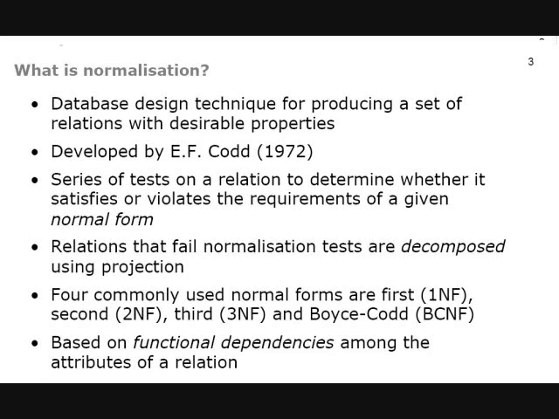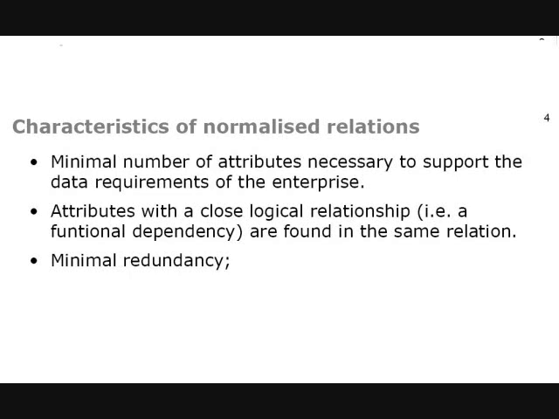So we said that normalization is good because it means that the relations that we create have a set of desirable properties that make them better. The desirable properties that normalized relations have are that they have a minimal number of attributes, which are the minimum number necessary to support the enterprise.